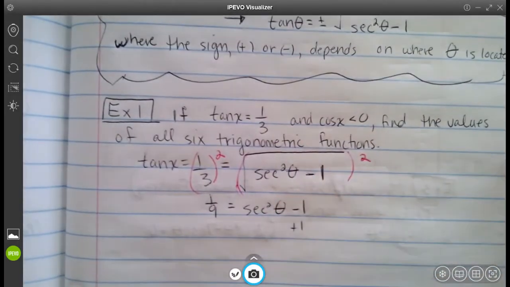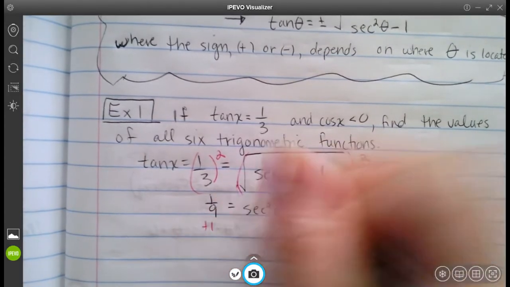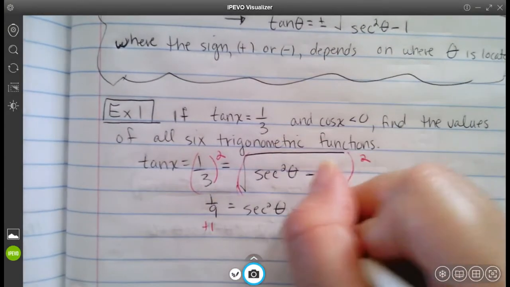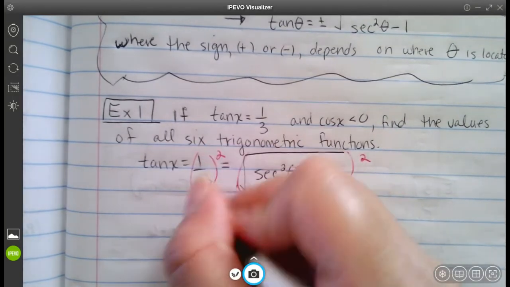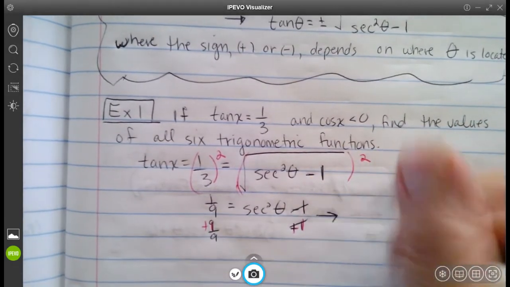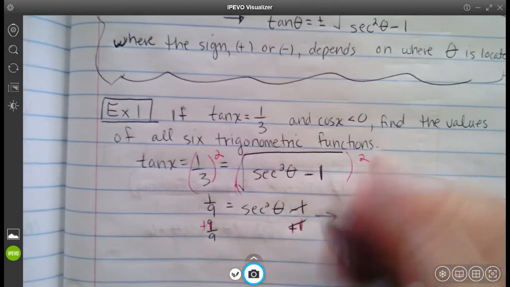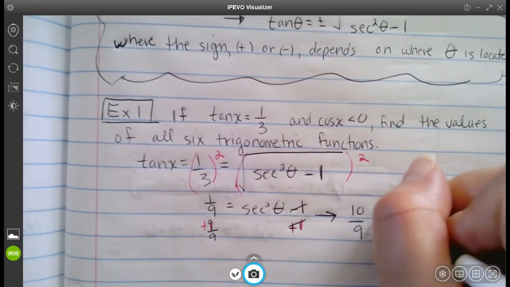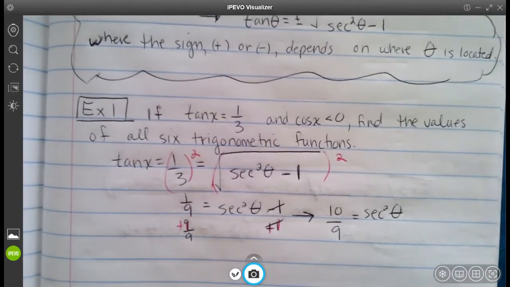So 1 over 9 plus 1, change that to a fraction, 9 over 9, gives us 10 over 9. So 10 over 9 is equal to secant squared theta.